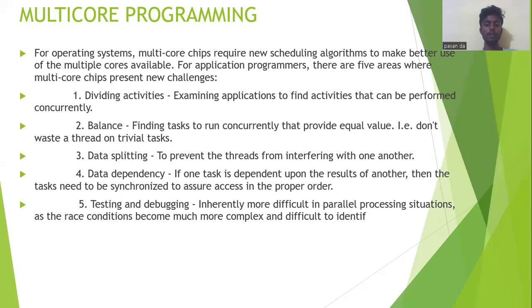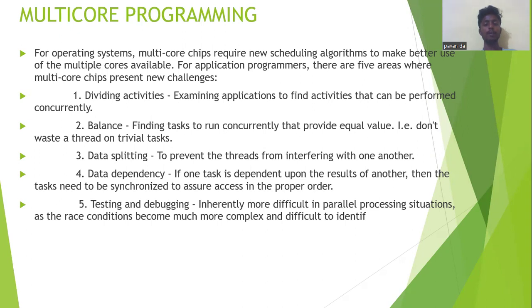For application programmers, there are five areas where multi-core chips present new challenges. First one is dividing activities, examining applications to find activities that can be performed concurrently. Second one is balance, finding tasks to run concurrently that provide equal value. You don't waste a thread on trivial tasks.